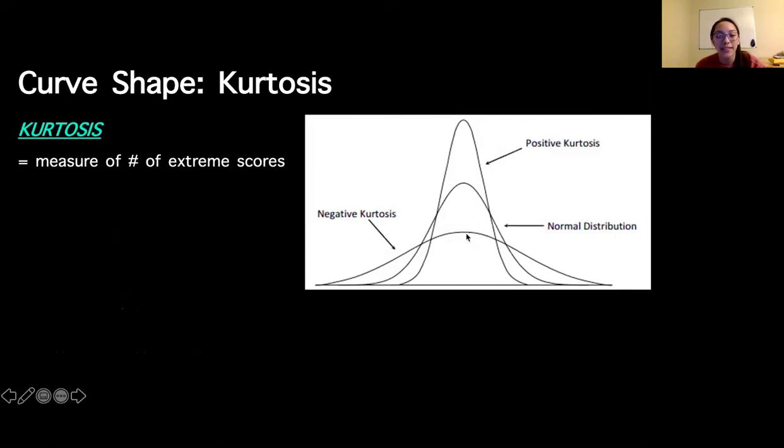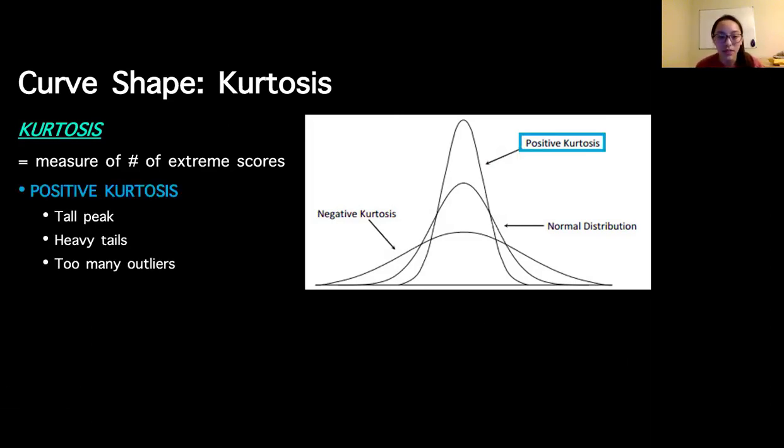And I have a way to remember this, but kurtosis is basically looking at the measure of the number of extreme scores. So what is the frequency of scores that lie in these outer regions? Because remember, when we look at shape, we're looking at tail activity. Okay, tails being the little swingy things towards the bottom of the x-axis.